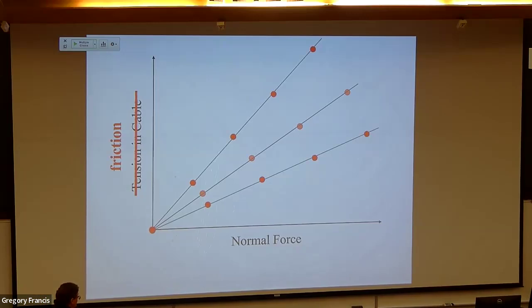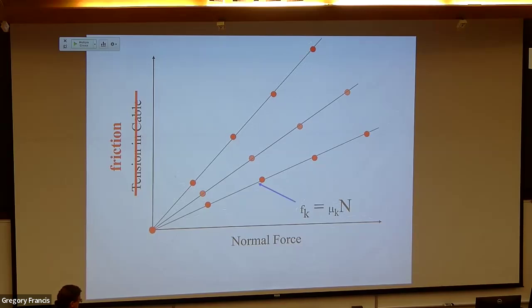So if this normal force here would be Jessica on the sled, you would think that with having sandpaper on the bottom of the sled, I would have a bigger friction. So that means with sandpaper, I would have this line here. And we know that this constant is the slope of the line.